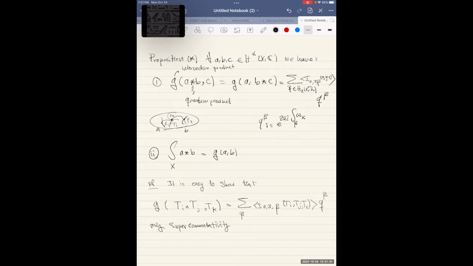It is easy to see that if I take g of Ti star Tj, Tk, and move it over, it's going to be (-1) to the degree of Ti times (degree of Tj plus degree of Tk) times g of Tj star Tk, Ti. So this is how, if you move this over here and that over there, it's a supercommutative product.